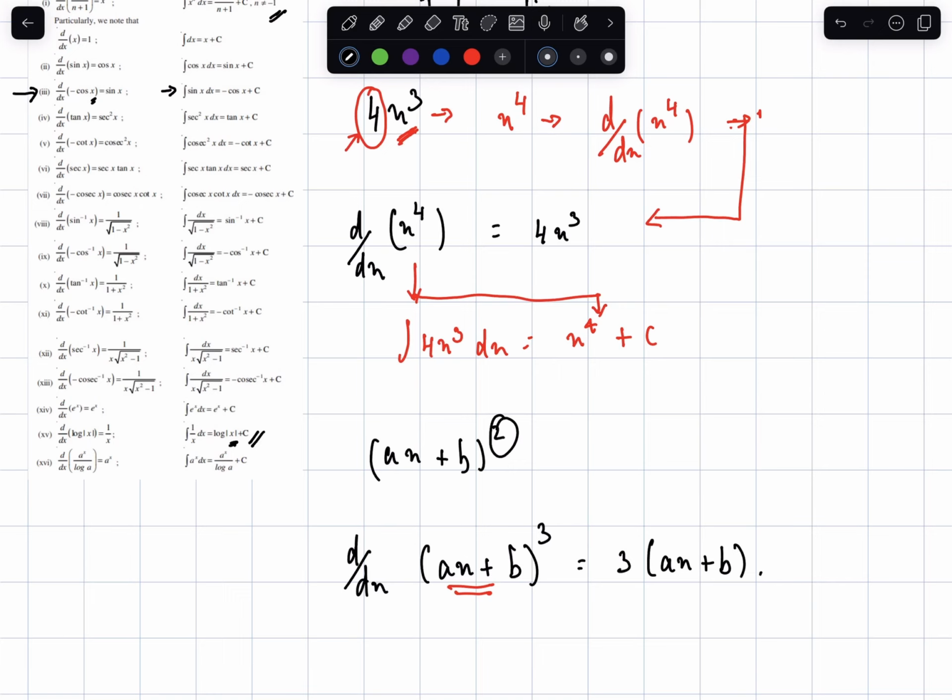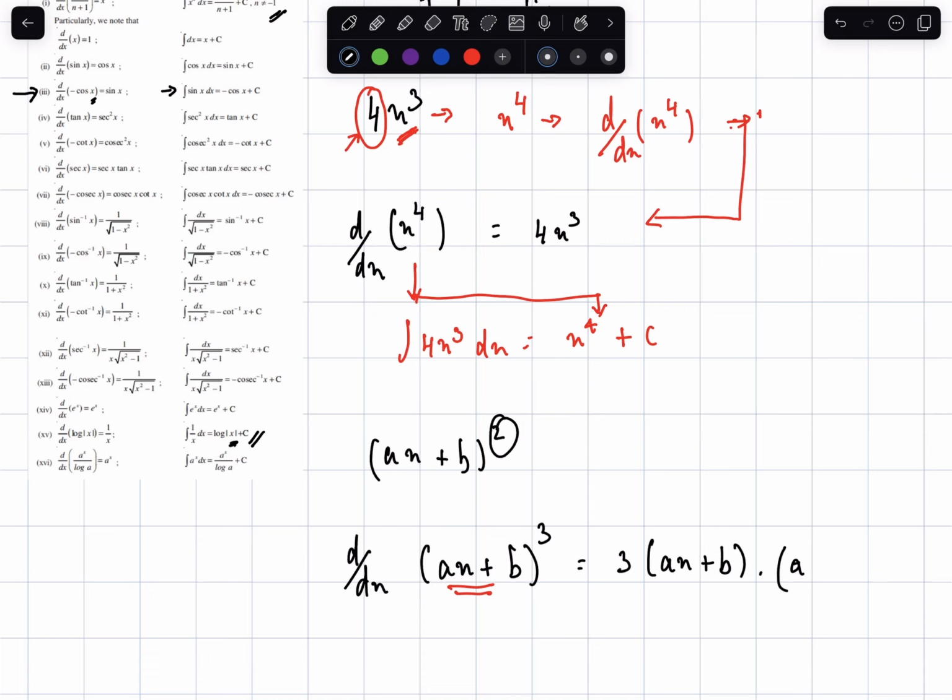You can differentiate them individually. What is the differential of a times x? Remember, a is a constant. So how do you differentiate this? a comes out, correct?